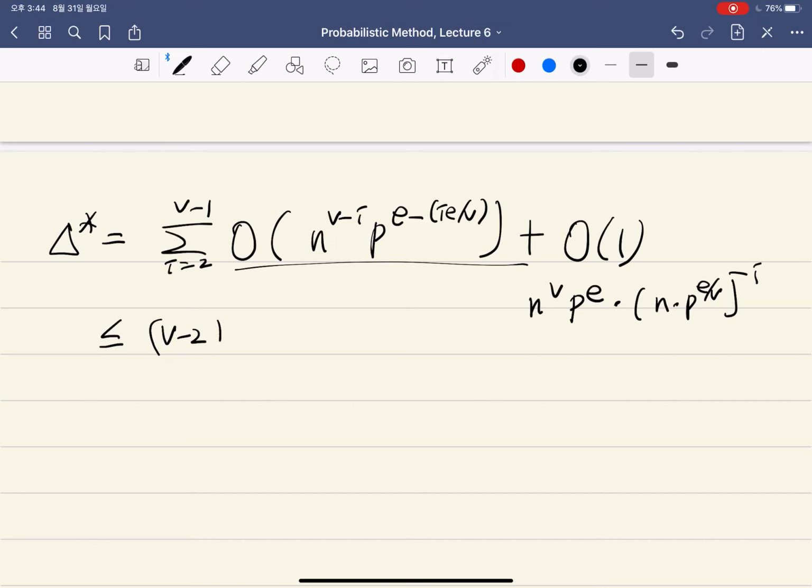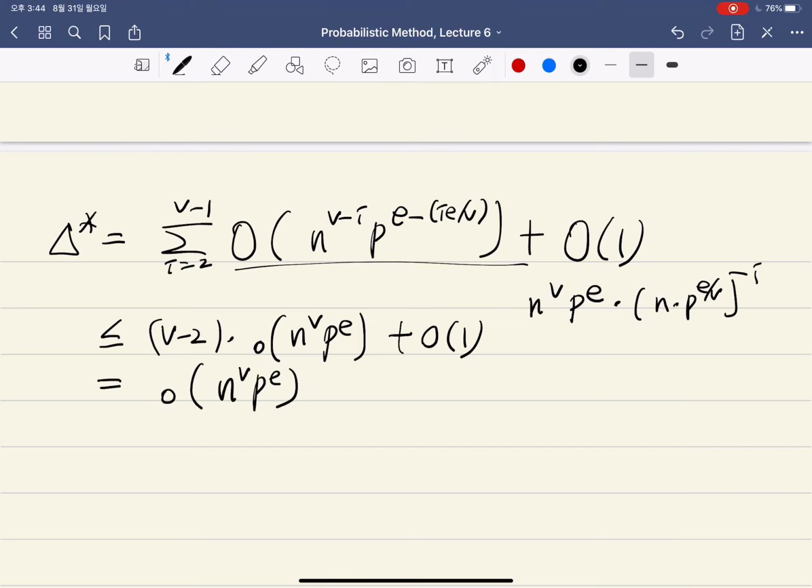So this is this times little o of N to the V, P to the E, plus big O of 1, which is just little o of N to the V, P to the E. So which is little o of the expectation of X.